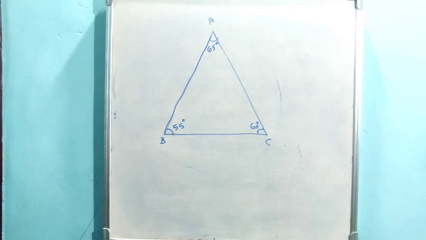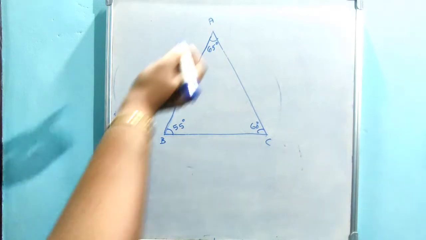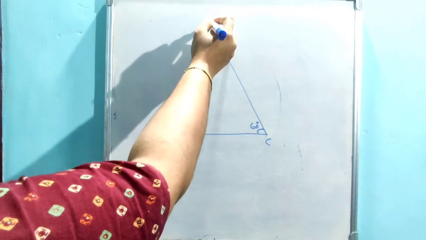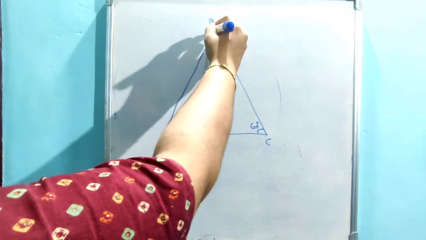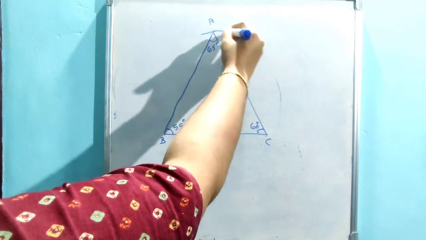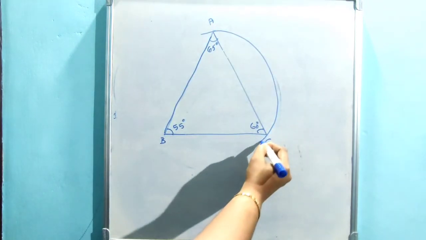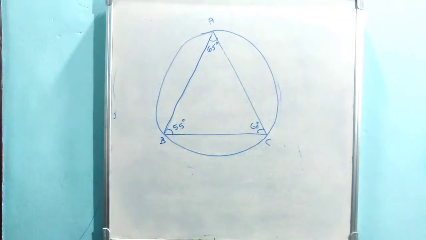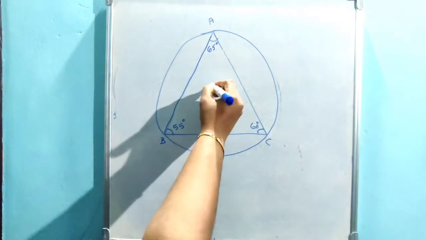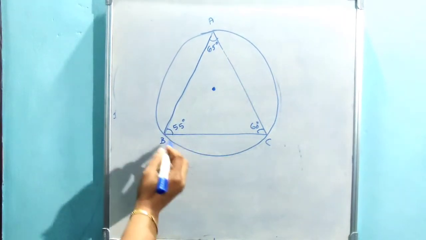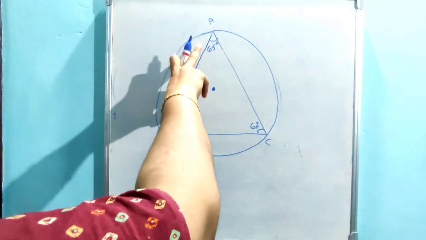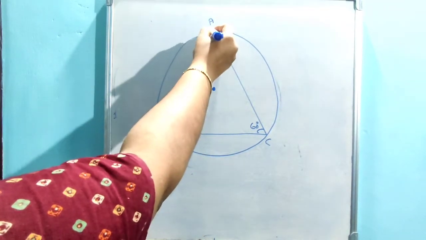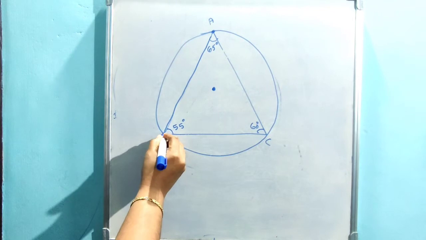For that, I am going to consider the circumcircle of this triangle. This is the circumcircle of the triangle. Now all the three sides, this AB is connecting 2 points of the circle.